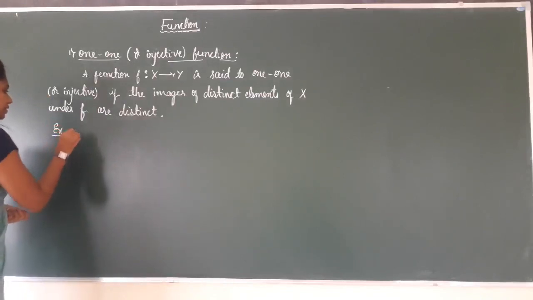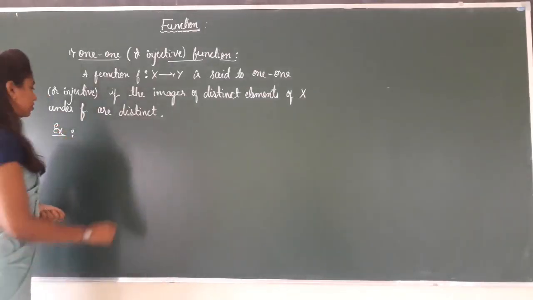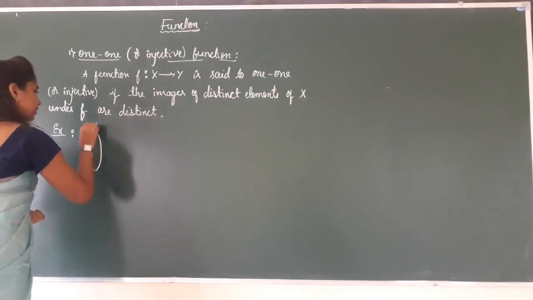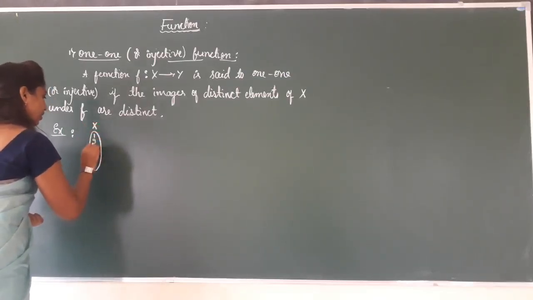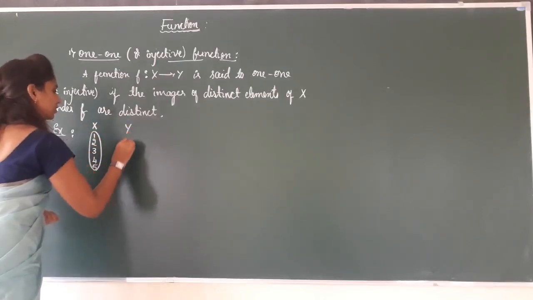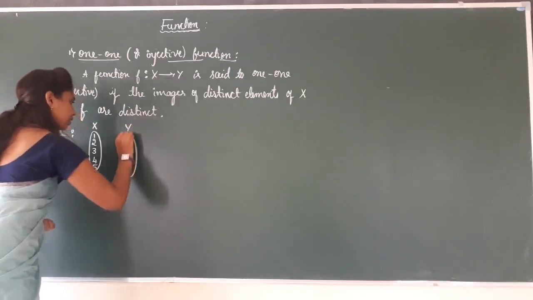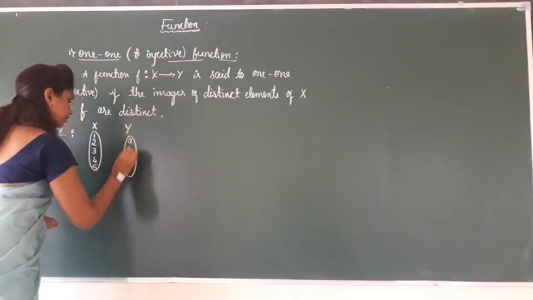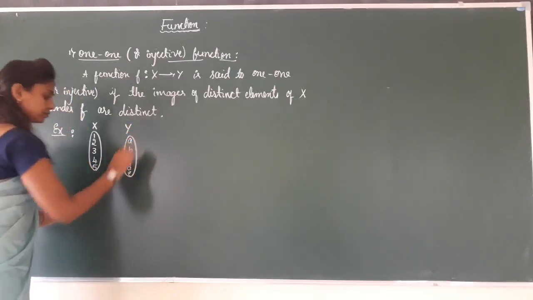I will explain this by giving an example. Observe here. This is the set x having the elements 1, 2, 3, 4 and 5, and the elements of y are a, b, c, d and e.